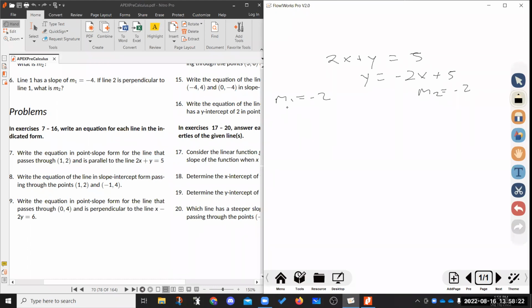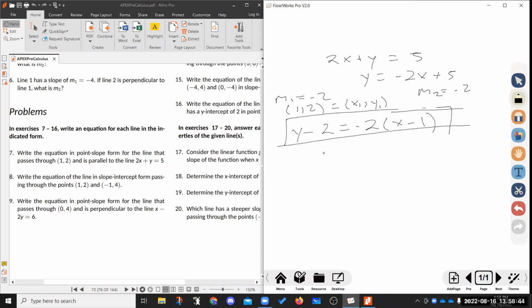And I'm given the point on the line 1, 2. So that's my x1, y1 point. y minus y1 is equal to m times x minus x1. They said to write it in point slope form, so I'm really done. This is my answer, but I'm going to go ahead and write it out the rest of the way, solve it for slope intercept form. There's no reason not to in this case.